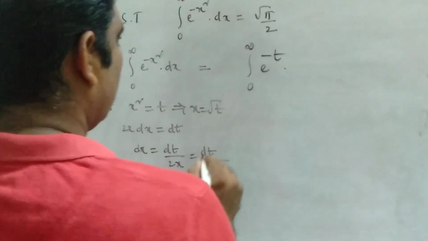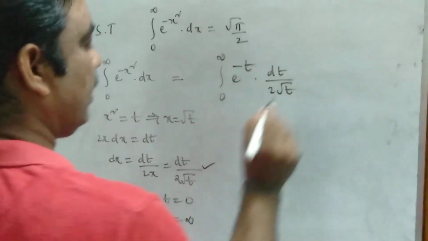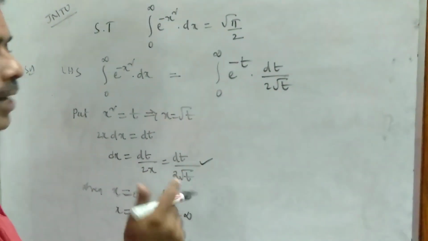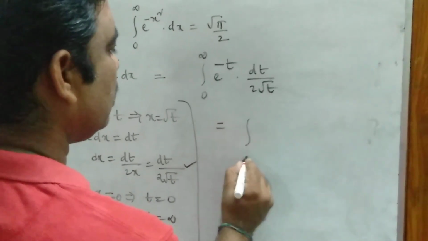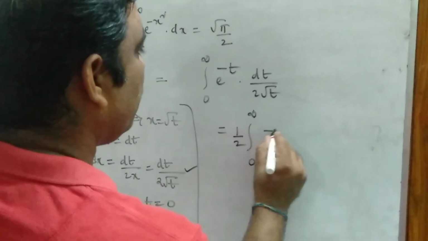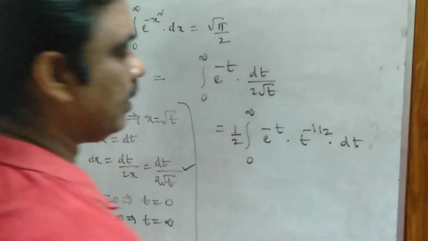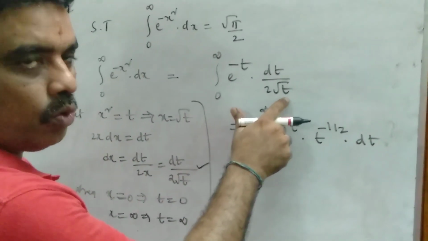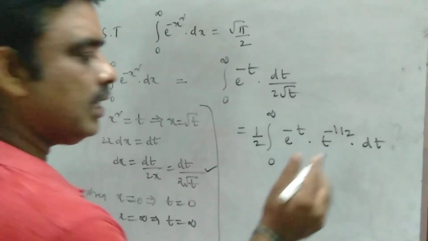So dx is dt by 2 root t. This can be written as integral 0 to infinity of 1 by 2, e power minus t, t power minus half dt. Root t in the denominator is t power half, and writing in the numerator it is t power minus half.